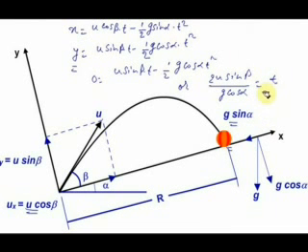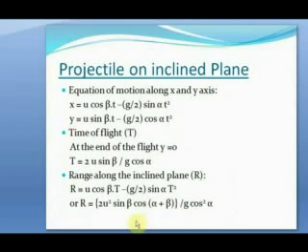So this is our time of flight. So let's denote it by capital T. So time of flight is coming as 2u sin beta by g cos alpha.